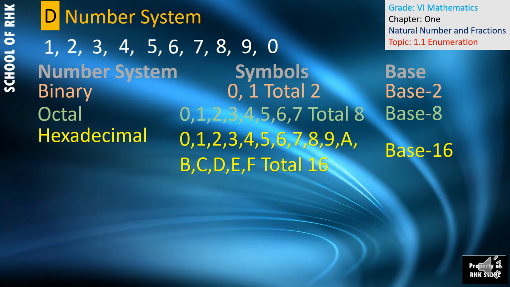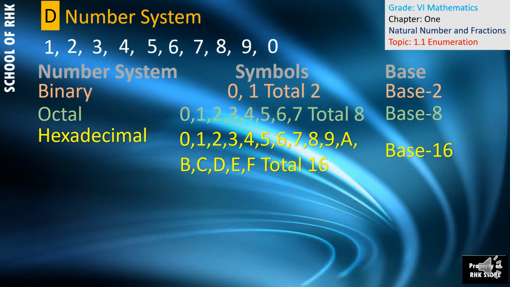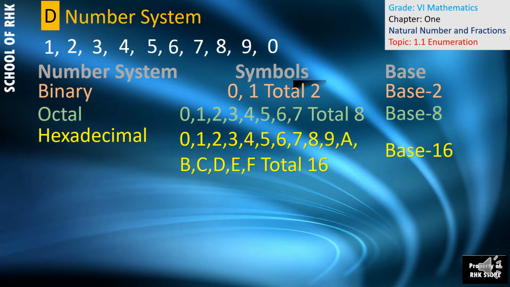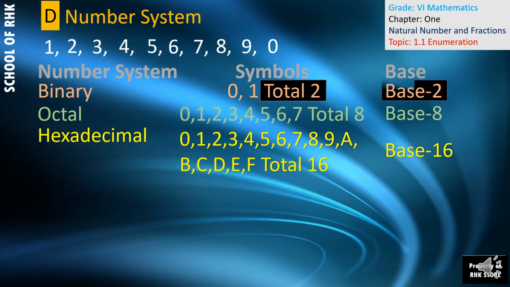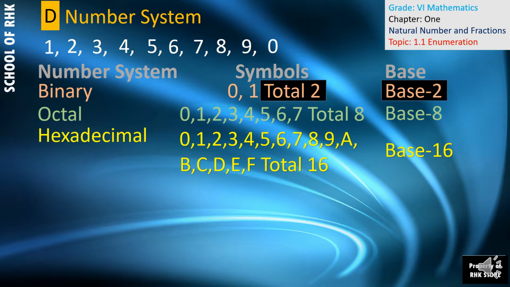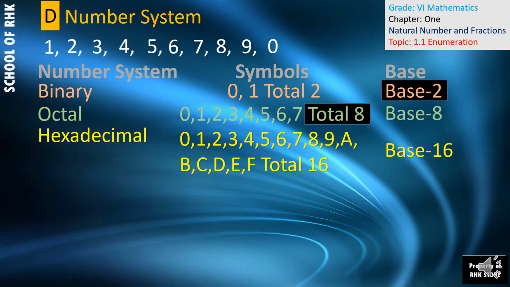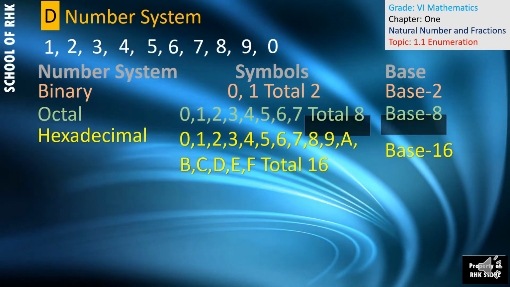A closer look reveals that the symbols of the binary number system are 2 in total. That is why its base is 2. The symbol of the octal number system is 8. That is why its base is 8.